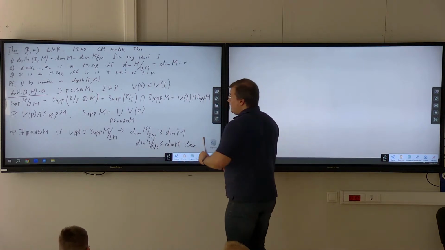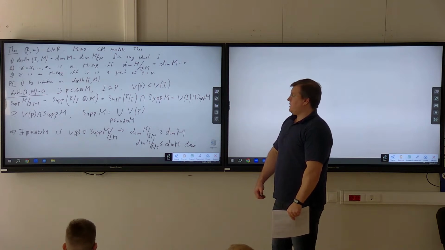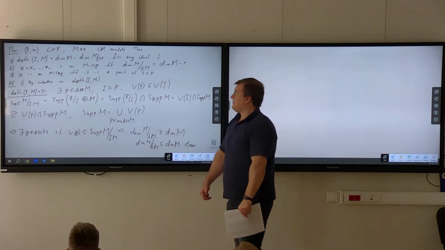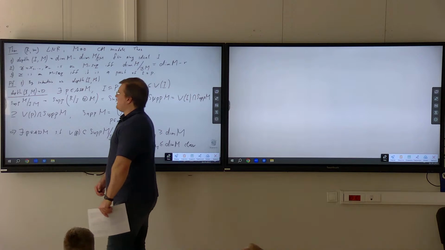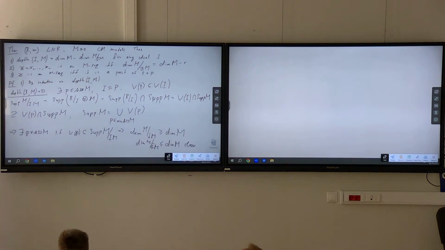What is the geometric meaning of depth? That is what I was trying to say when I was giving the definition. The depth is again counting the dimension, but in a different way. It counts the dimension inductively by saying how many hypersurfaces you need to cut to get to 0.